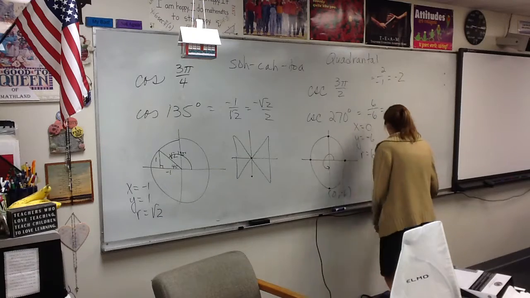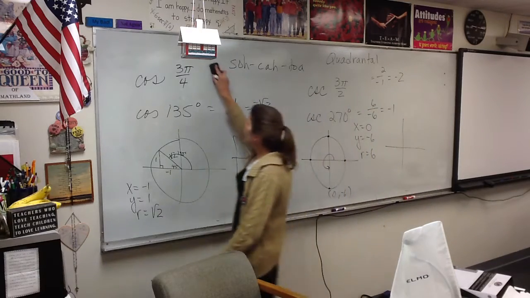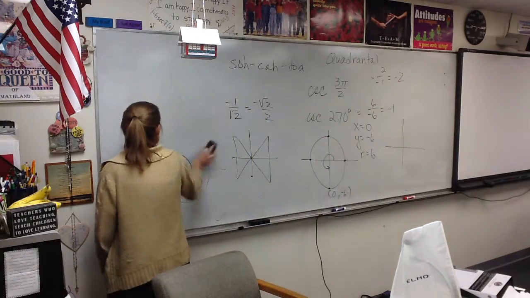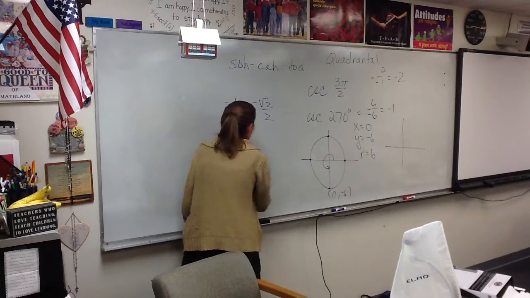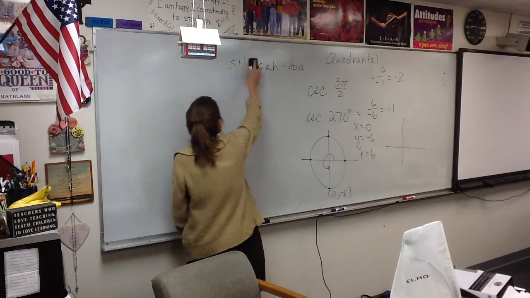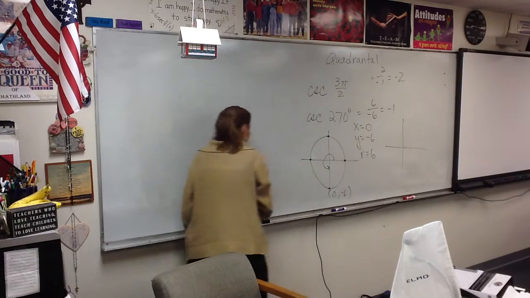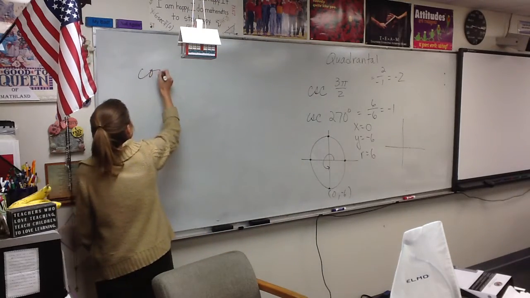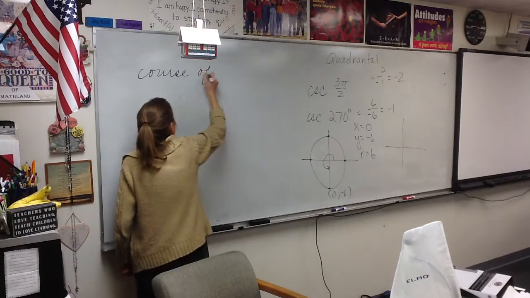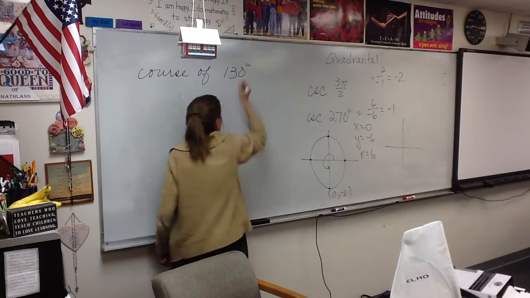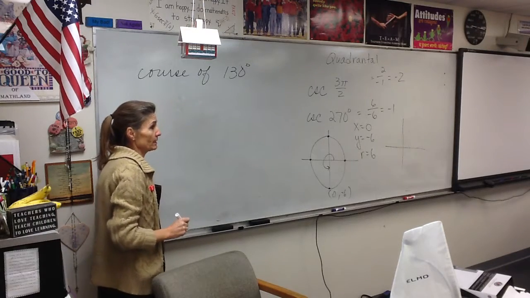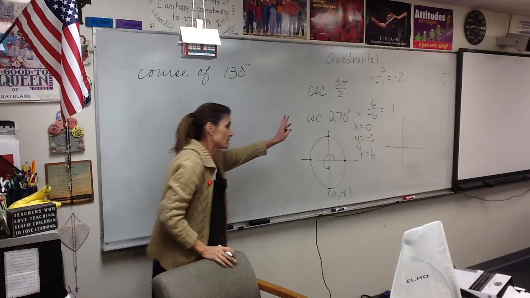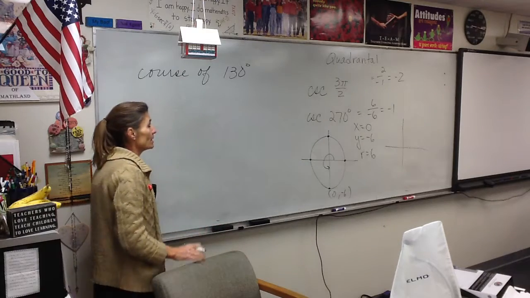The exception is if you are in a situation where navigation is involved. For example, if you have a ship sailing on a course of, let's say, 130 degrees, that is handled differently than just regular angles.